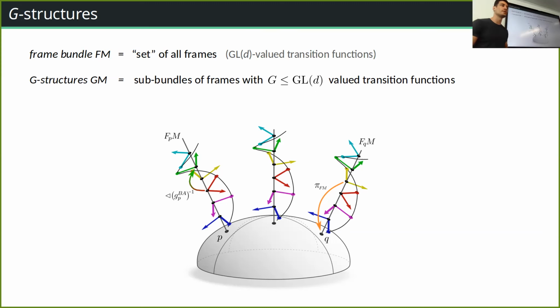So often we have a certain structure given on our manifold. And then we talk about the G-structure, GM, which is a sub-bundle of frames or subset of frames, where the transition functions are G-valued. And for instance, here, this picture actually shows only frames which are rotated relative to each other. And the transition functions here would take values in SO(2) and not in GL(2).